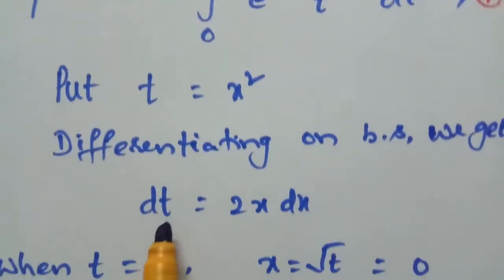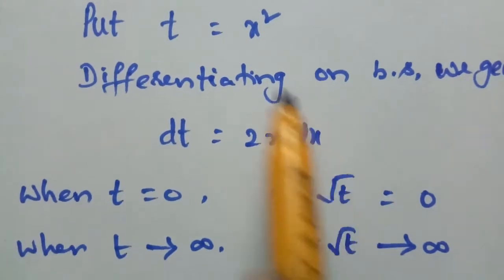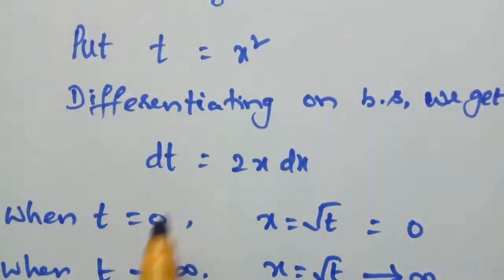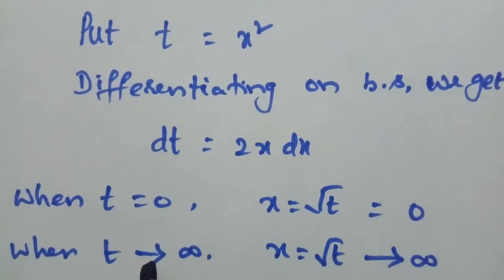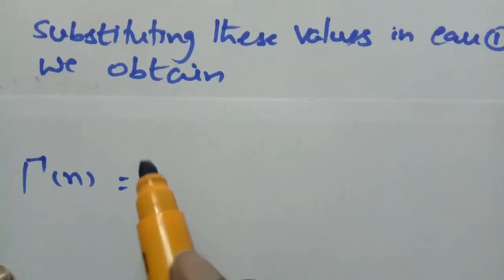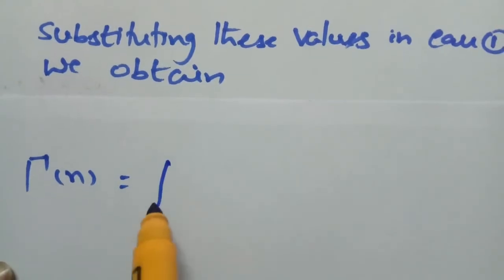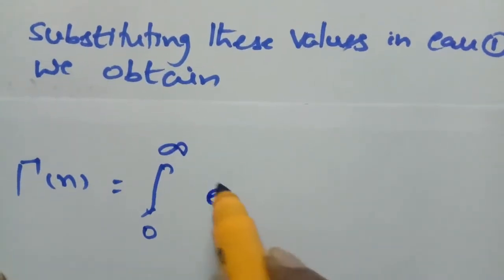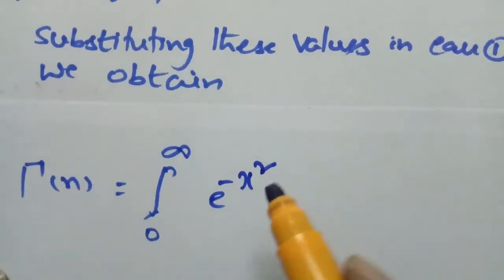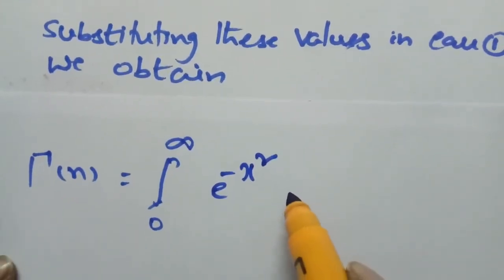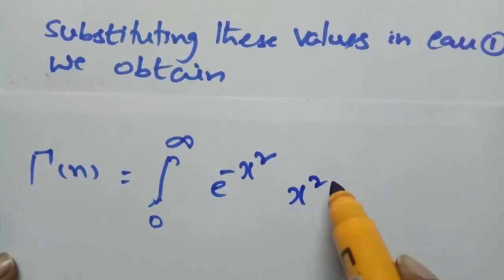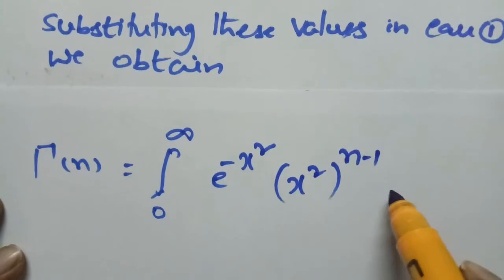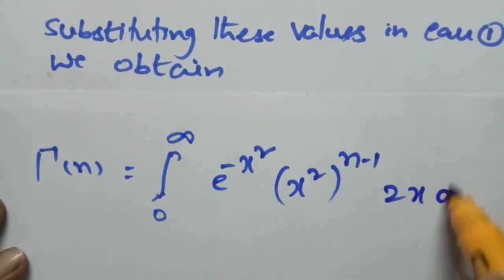Here dt is equal to 2x into dx and t equal to x square. So we are substituting, and our limits 0 becomes 0, infinity becomes infinity, e to the power of minus t, that means e to the power of minus x square, into t to the power of n minus 1, that is x square whole to the power of n minus 1, into dt, that is 2x into dx.